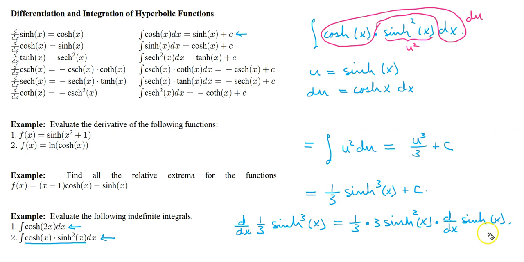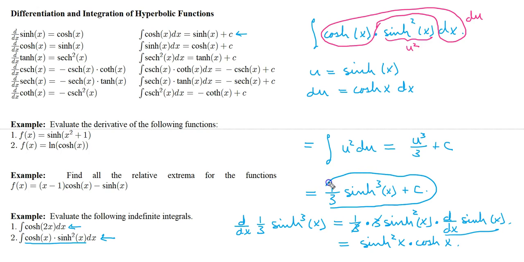So that's what our derivative would turn out to be. Notice how I let u be sinh x here to apply the chain rule. And you see how these 3's cancel. And we get sinh. And the derivative of sinh, this is du dx right over here. That is just the cosh. And we get exactly what we wanted. So that just verifies that the derivative of this right here does indeed give us back what we wanted, cosh times sinh squared.